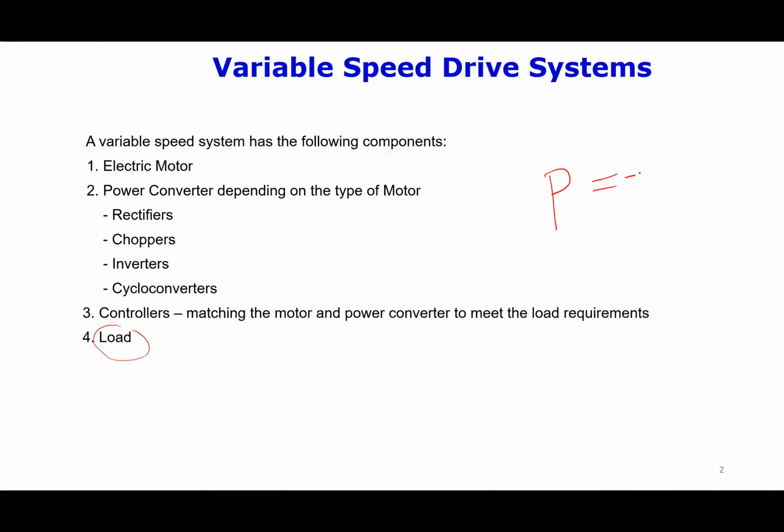P is equal to torque times omega: torque in Newton meters, power in watts, and omega in radians per second. If you know the motor power, then you can determine the power ratings of the power electronic devices, and also select the power of the source.